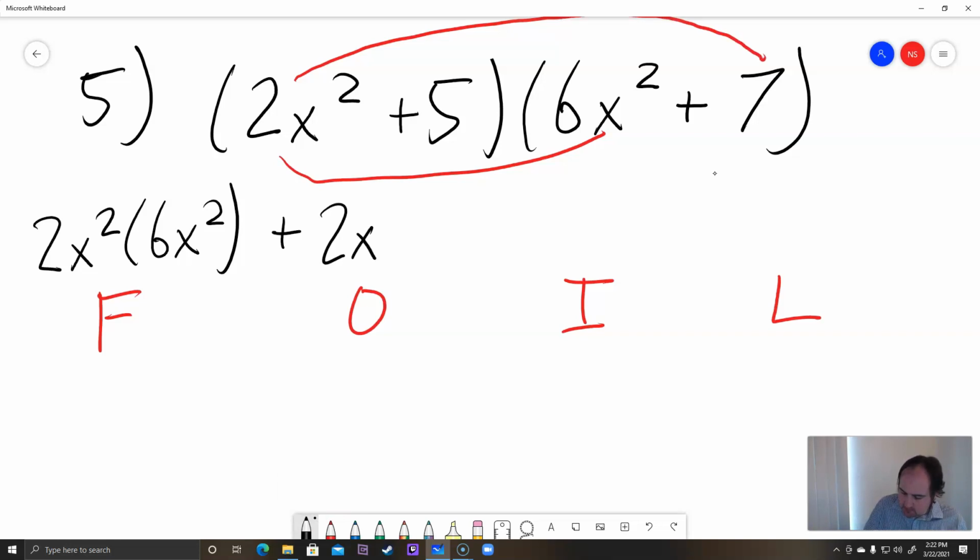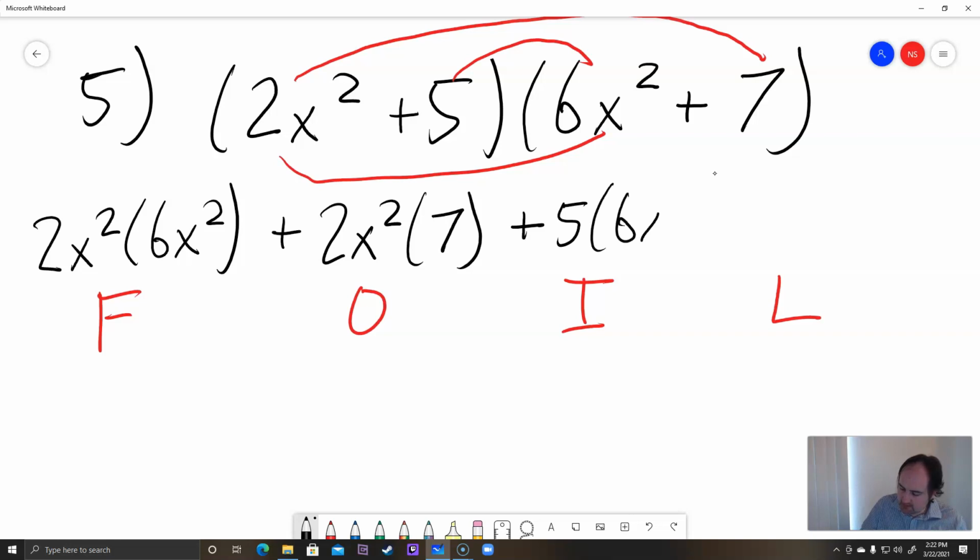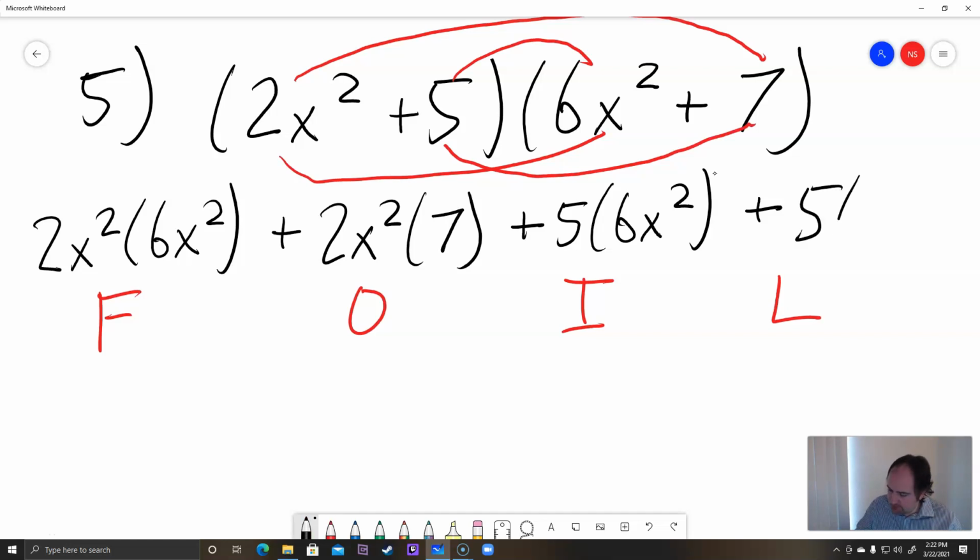Okay, 2x squared times 7. And then we have plus the inner, which is 5 times 6x squared. And then we have plus the last. And here the last is actually just going to be 5 times 7.